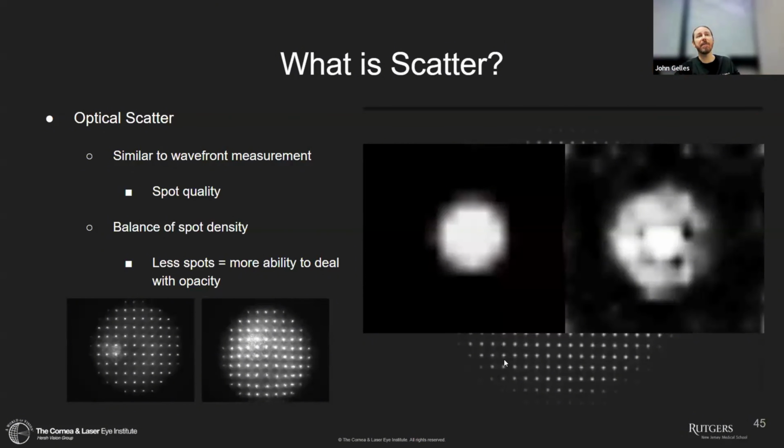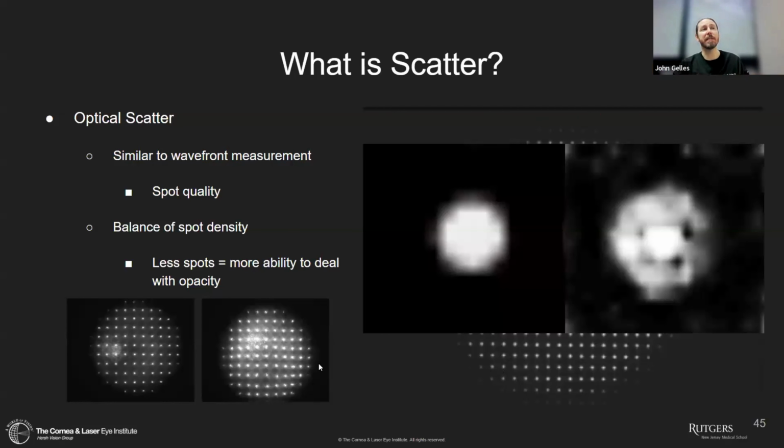Now, if we have a very dense wavefront aberrometer, sometimes it ends up with totally missing data, versus a wavefront spot pattern where it's a little more spaced out, where we can kind of go around some of that scarring or some dense focal cataract, right? So we can still produce this.